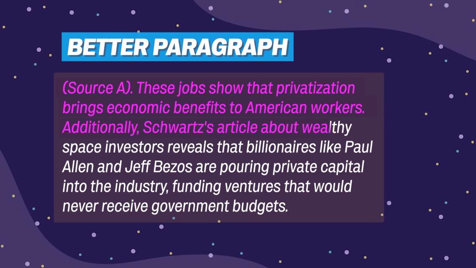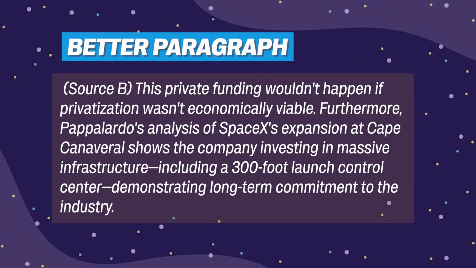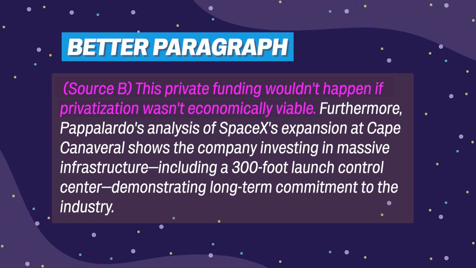Additionally, Schwartz's article about wealthy space investors reveals that billionaires like Paul Allen and Jeff Bezos are pouring private capital into the industry, funding ventures that would never receive government budgets. Source B. This private funding wouldn't happen if privatization wasn't economically viable.